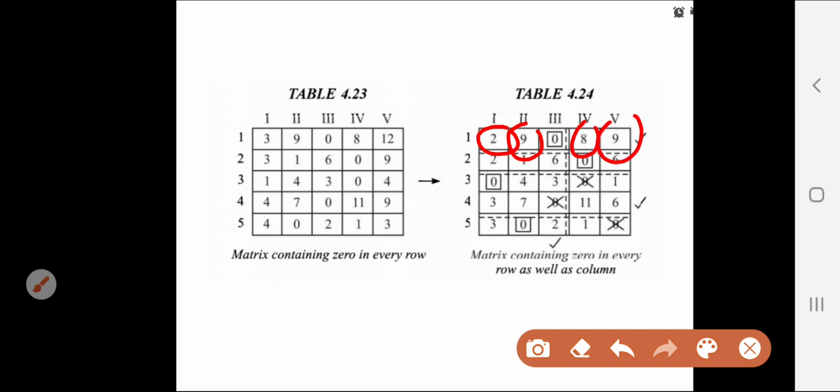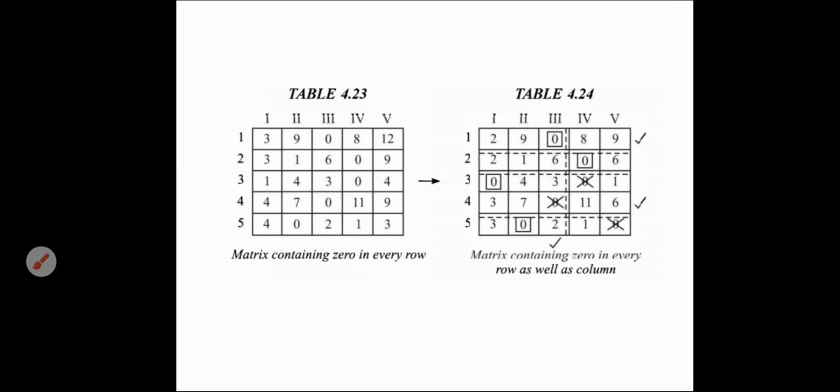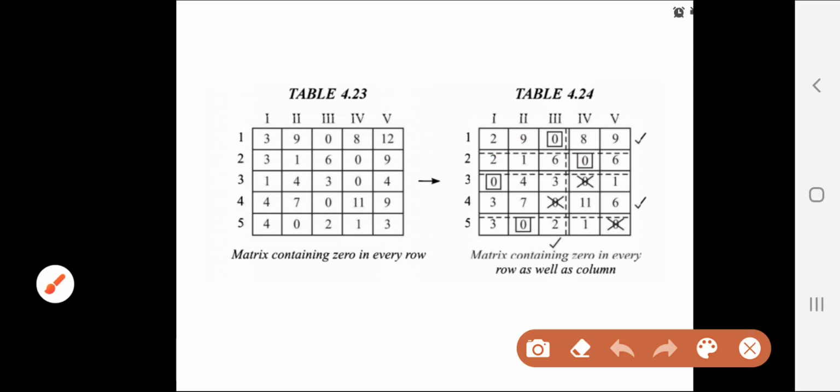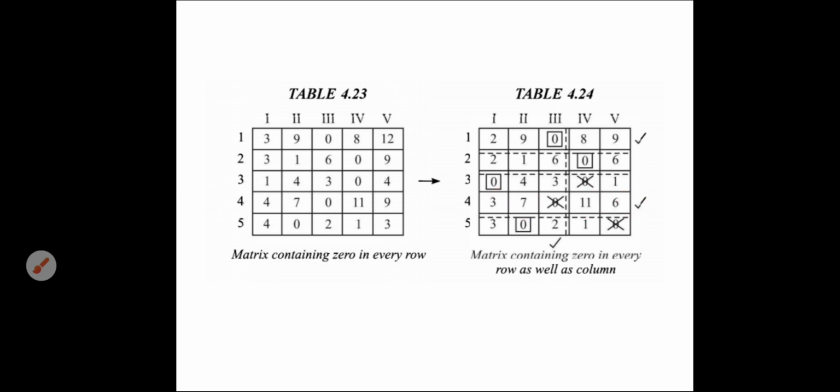Similarly, in the fourth row, here 3, 7, 11 and 6. These are the elements where a line is not passing. In total, 8 elements are there where a line is not passing.